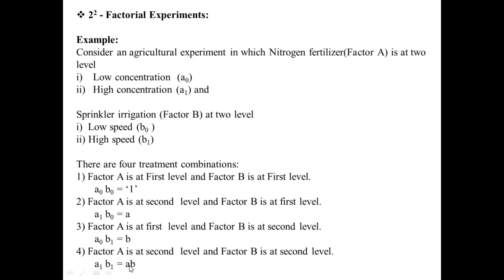It can be written as A into B. So in this way, when we consider 2 square factorial experiments, we get 4 types of treatment combination. In each combination, we consider factor A and factor B at different levels.